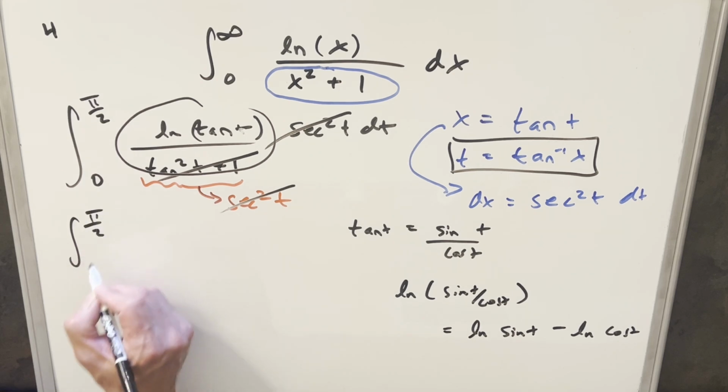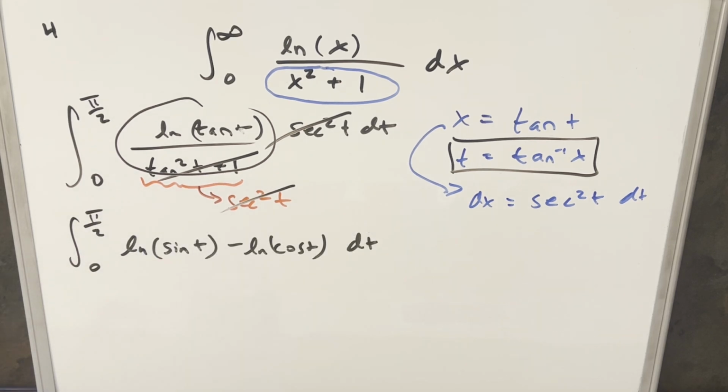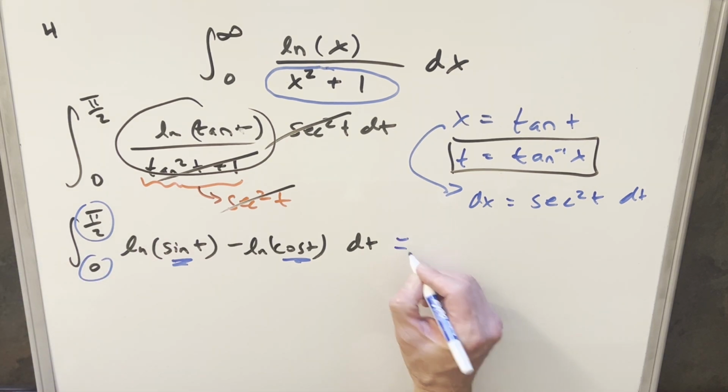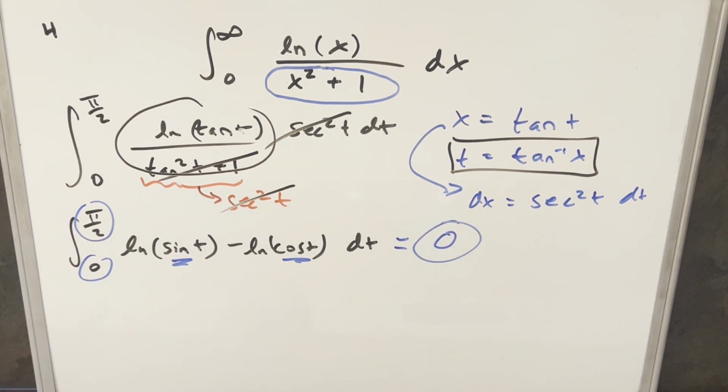So we'll make this update. From here, if you're used to doing a lot of problems with King's principle, I think you'll see where it's going, because we have sine and cosine and our bounds go from 0 to pi over 2. This tells me the solution is actually just going to be 0. But I think we need to show a little more work to see why this works.